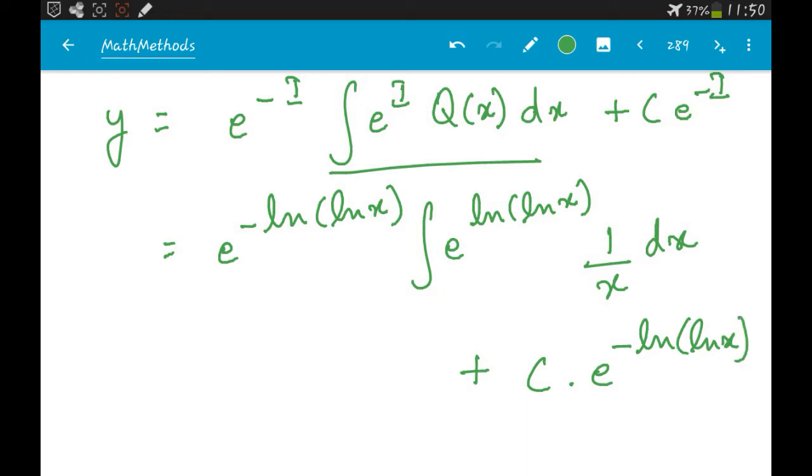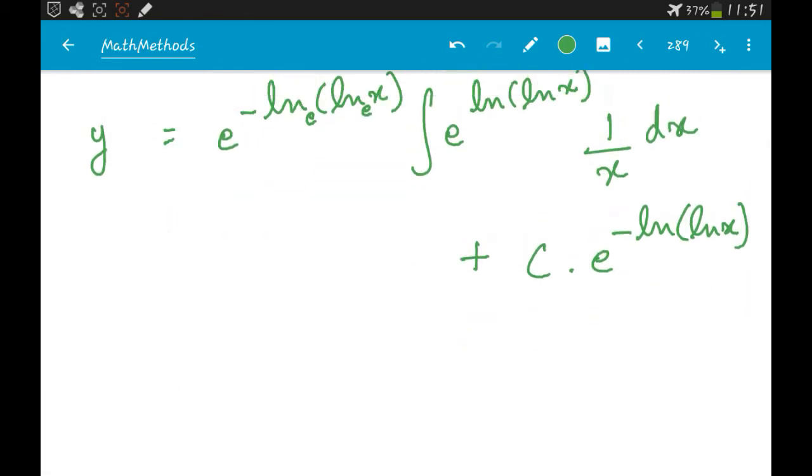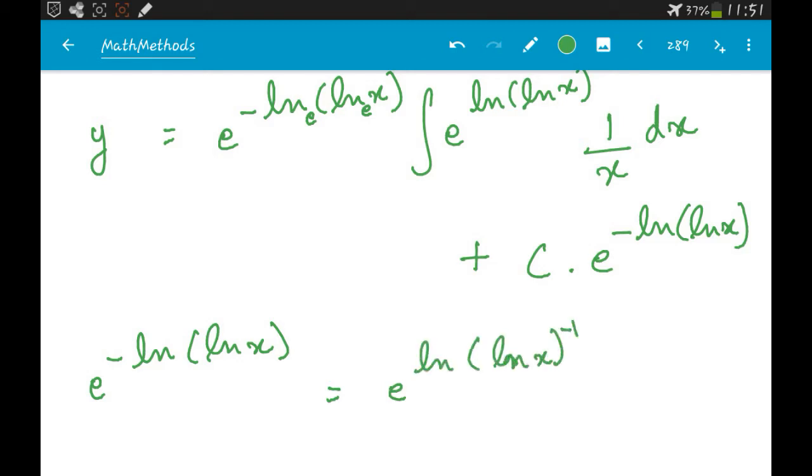As you know from the rules of exponentials and logarithms, this is with the base e and this is also with the base e. So e power minus ln, what will this become? Let's write it. e power minus ln x is nothing but e power ln x, whole power minus 1.